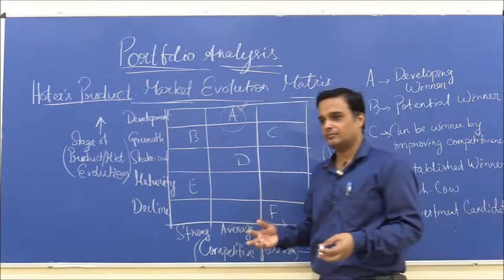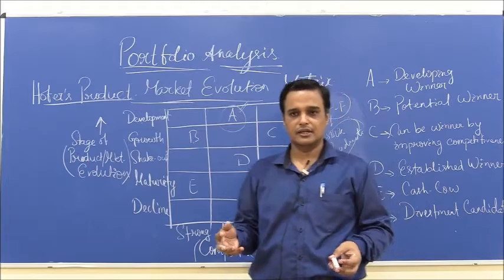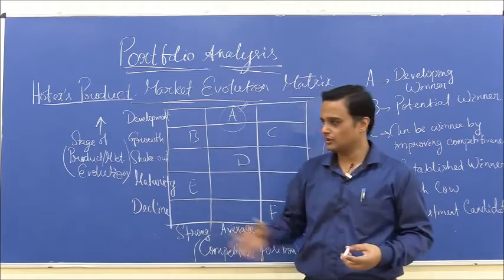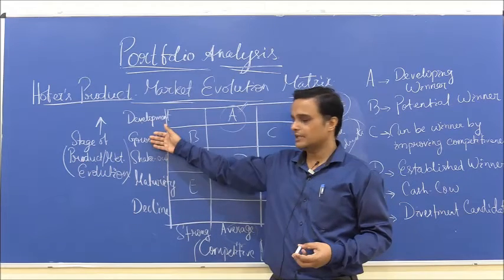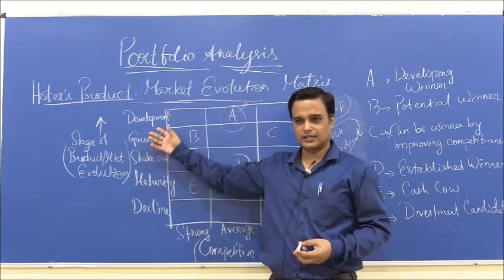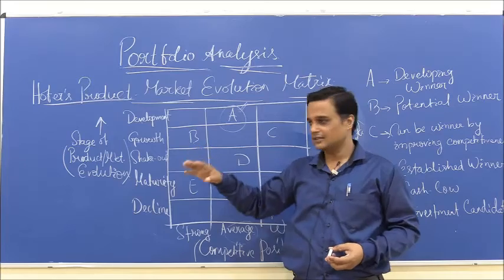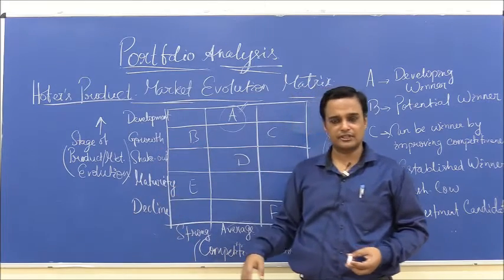Sometimes markets have behaved very erratically, they have not shown the usual market evolution phases. A suddenly fast growing market suddenly starts to decline without entering the shakeout or maturity phases.